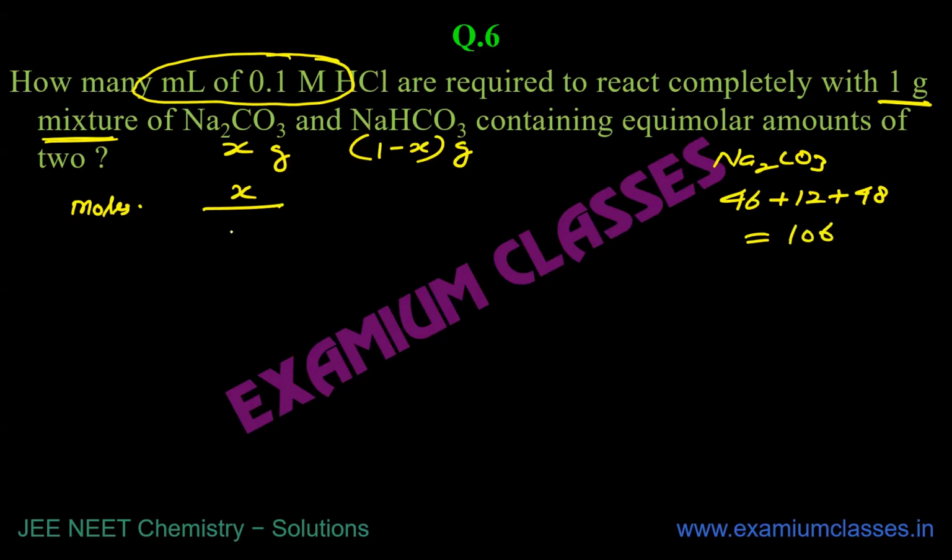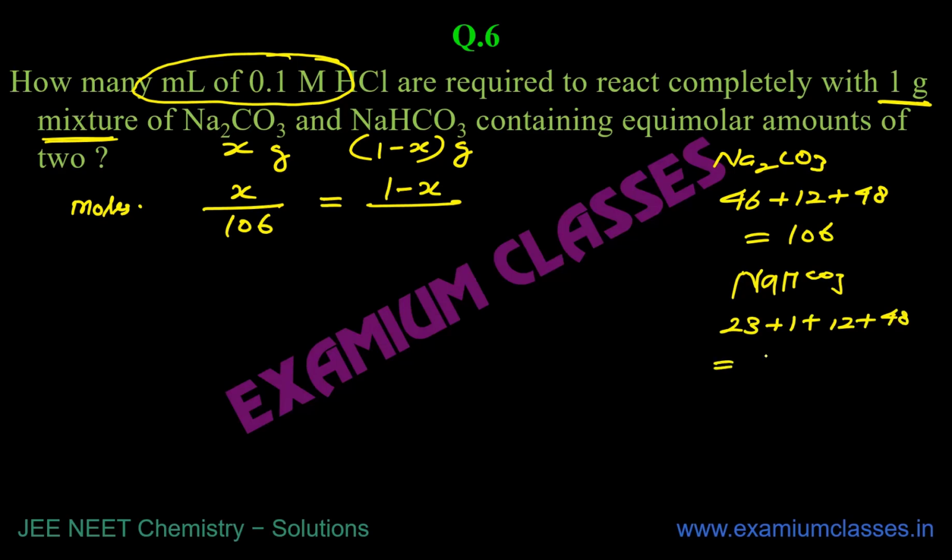Okay, so it is 106. It will be equal to the moles of 1 minus x divided by its molar mass, NaHCO3. So it will be 23 plus 1 plus 12 plus 48. 48 plus 12 again 60 plus 24, 84.